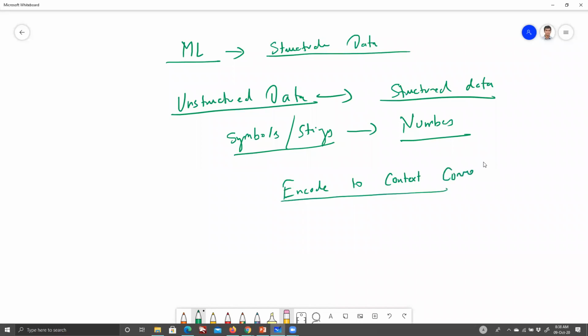Unless you do that, that is going to be another problem you will run into very fast. So NLP, or natural language processing, is mostly about converting unstructured data into structured data, converting symbols and strings to numbers, and encoding the context correctly.